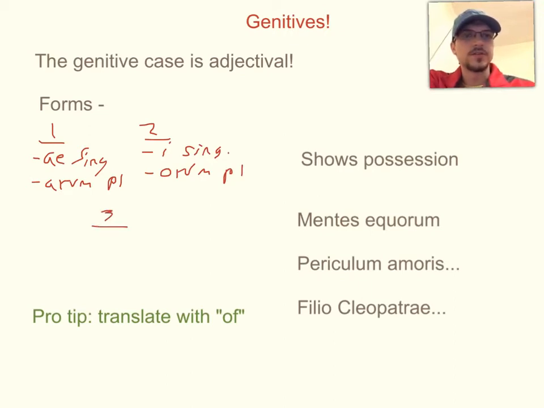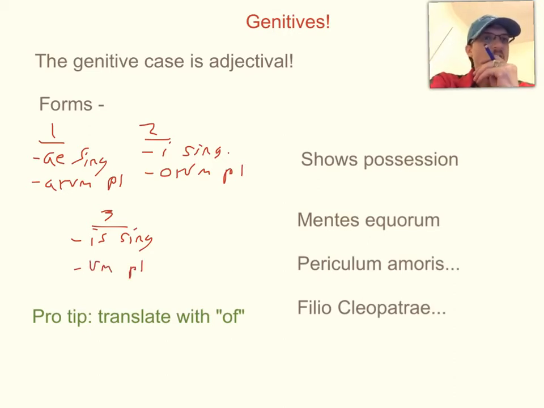In your third declension, it's going to be a short IS ending in the singular, and a UM ending in the plural. So your endings here are AE and ARUM for the first declension, the I and the ORUM in the second declension, and the short IS and the UM in the third declension.